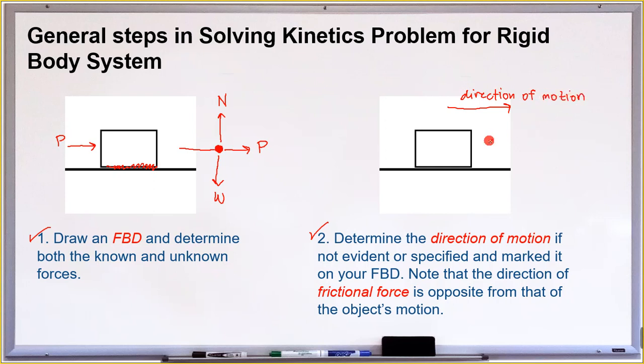So the direction of motion also tells us where this object accelerates. If this is towards the right, the normal convention is that the direction of acceleration is towards the right. But with D'Alembert's principle, in reality it is the reverse.